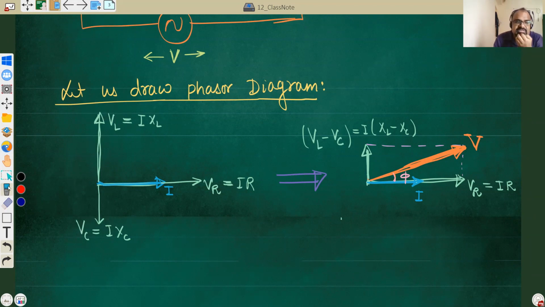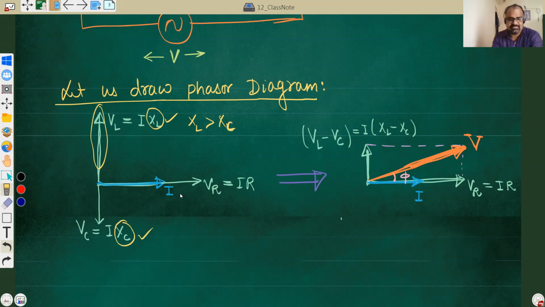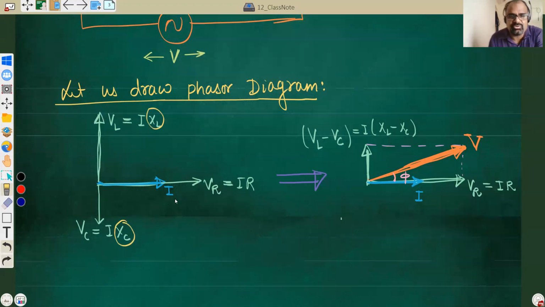Well, simple. Just look at XL and XC, because I is common. If XL is greater than XC, then that means VL will be greater. Are you getting it? I will anyway write all these things; I just wanted to explain this to you, and now I will write also.